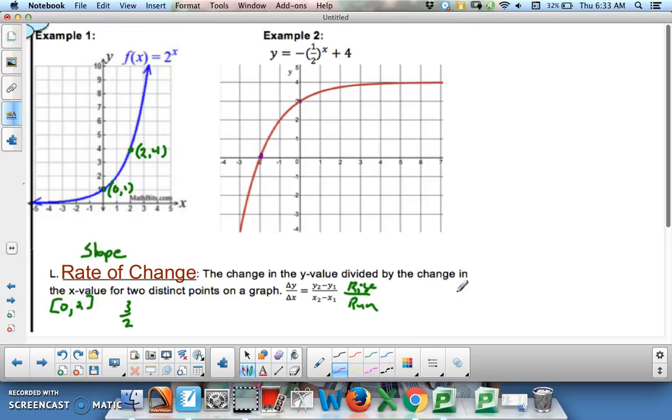Actually, not -2 to 3, I apologize. -2 to 0. The y value there is 3, the x value is 0. I do that all the time, I'm so sorry. -2 to 0. This is the interval that I'm looking at. My ordered pair here is (-2, 0). This ordered pair is (0, 3).